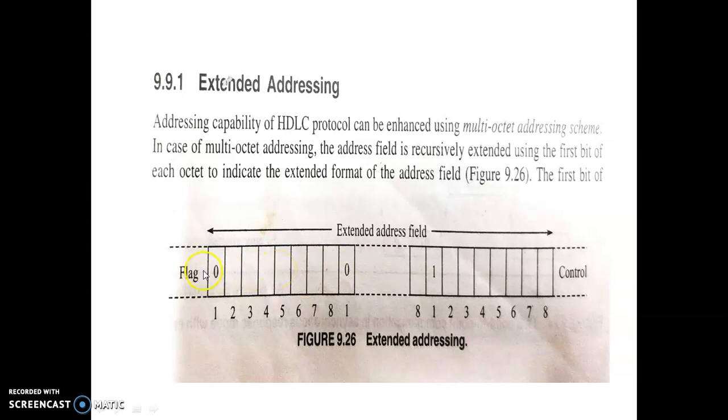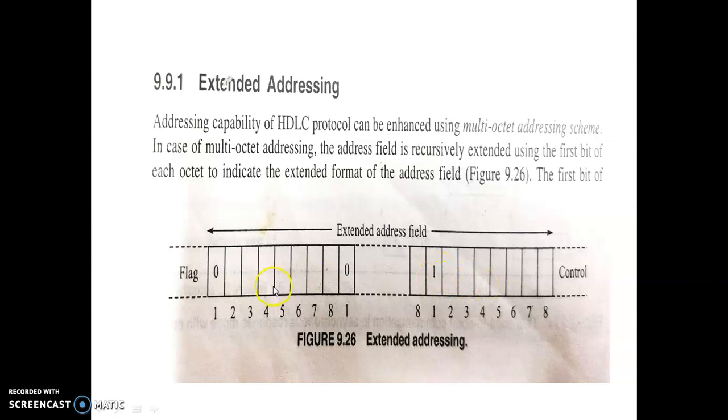The first bit of each address octet is set to 0, indicating that the next octet is also considered to be part of the address field. Okay, in the last octet, in the final address octet, the first bit is set to 1.